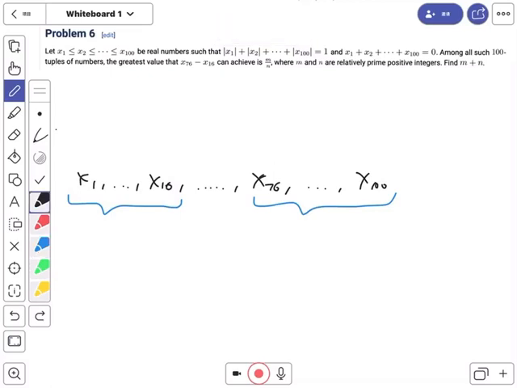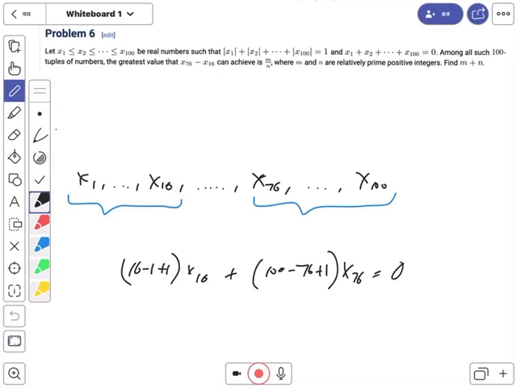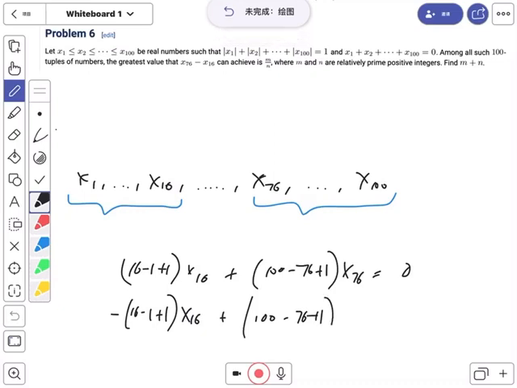So basically, we have 16x plus the other terms equal to 0, and minus the other terms equal to 1.